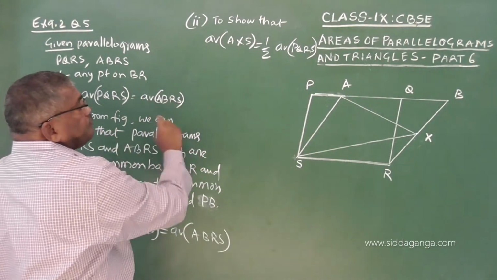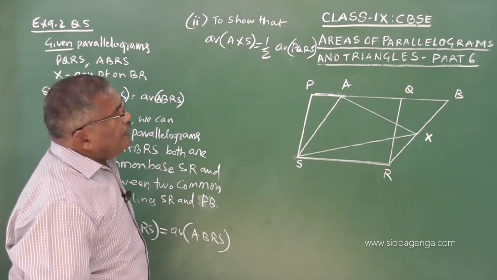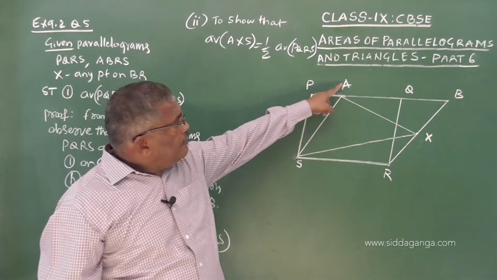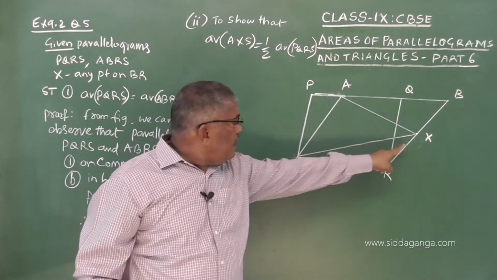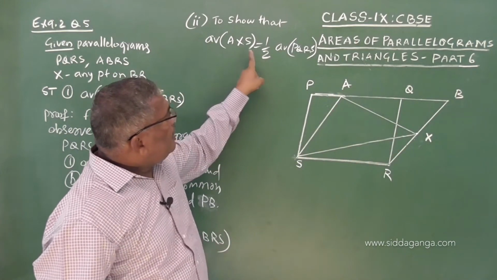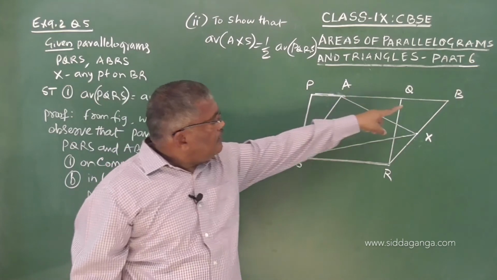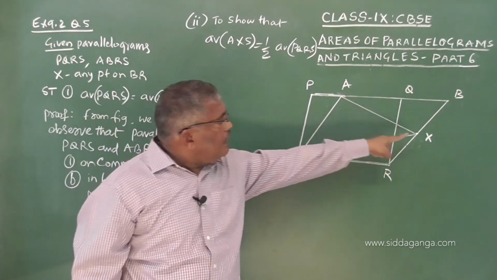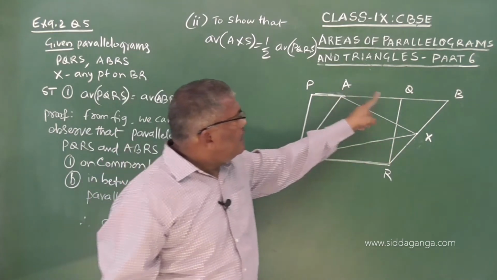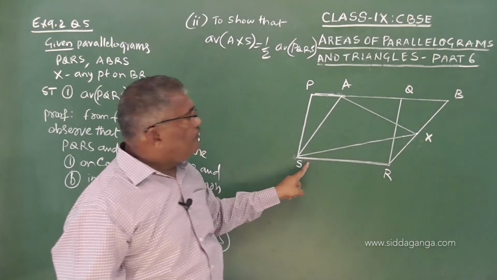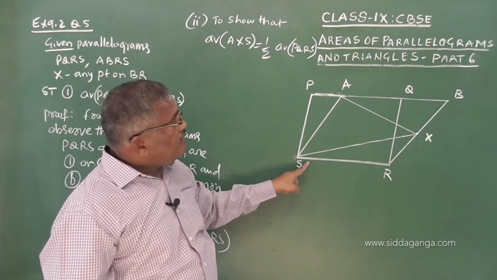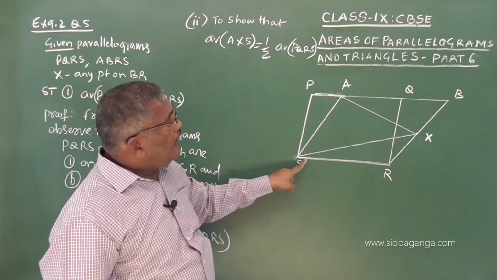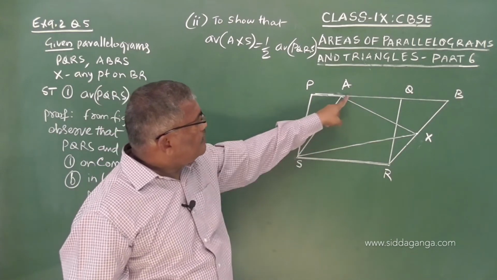Now, observe the figure. The triangle AXS and ABRS. ABRS is a parallelogram, AXS is a triangle. They have a common base AS.